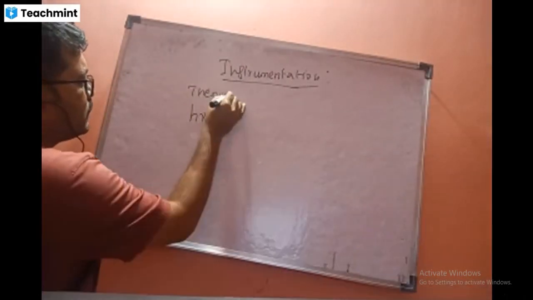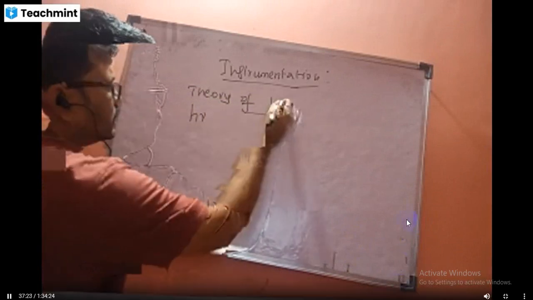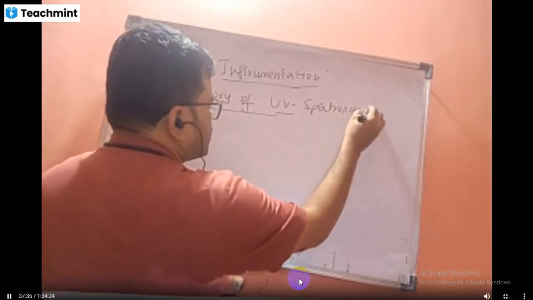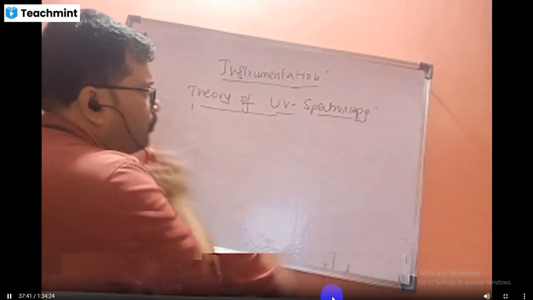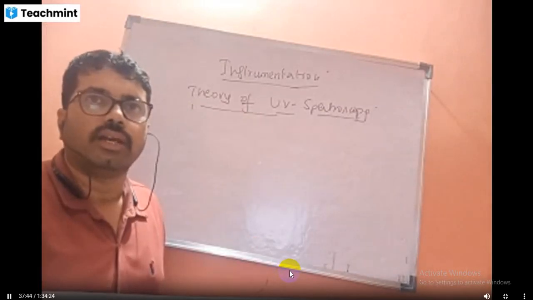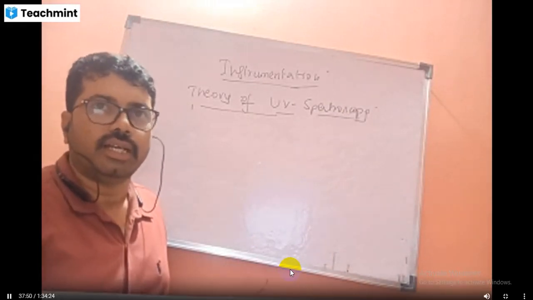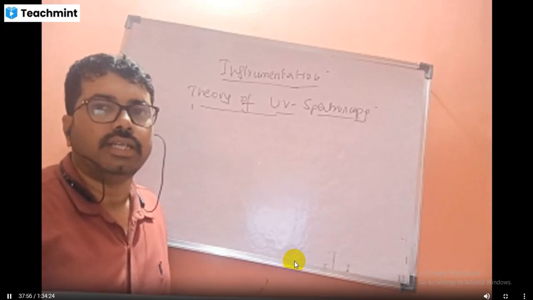Theory of UV spectroscopy. What are the theories involved in UV spectroscopy? Ultraviolet visible spectroscopy is an electronic transition spectroscopic technique in which there is an interaction between incident radiation and electrons of organic molecules.